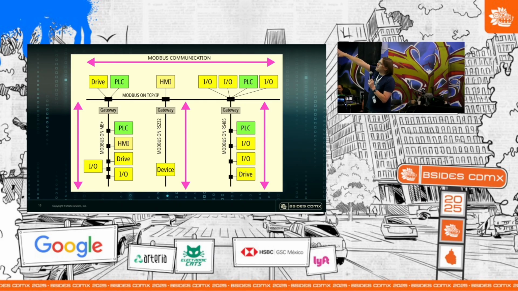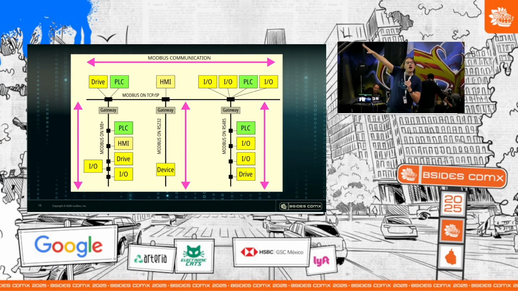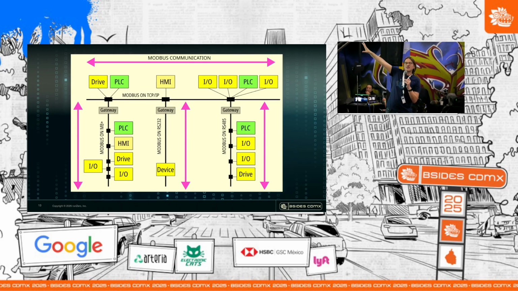And then you have Modbus over RS-485, which is another daisy chain kind of bus. But the point is there was this abstraction, and you can see at the top there that it's Modbus running on top of TCP. Now, that did not start happening until the 2000s. But the goal here is to explain that Modbus can run on many different physical media and control many different devices, all from one. They can link up the controllers. So you've got an HMI, which is a human-machine interface, a screen, controlling all these different things.